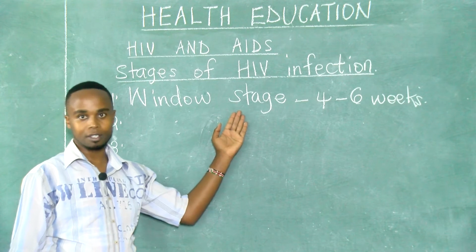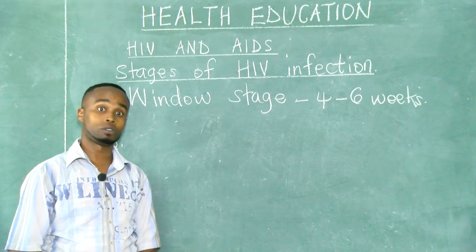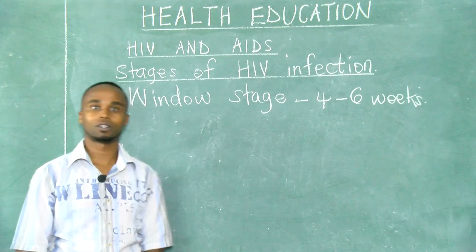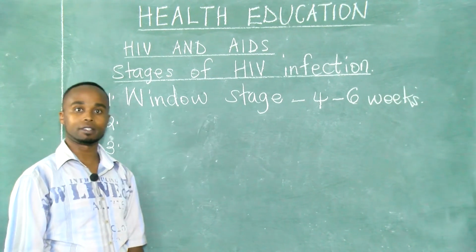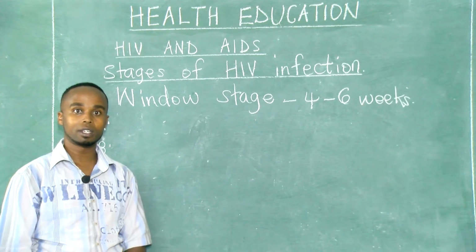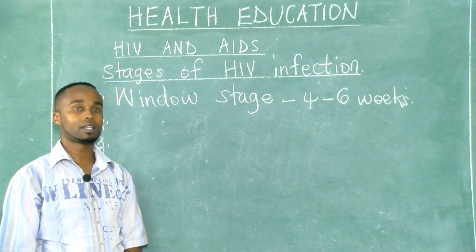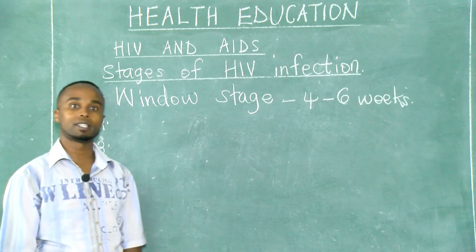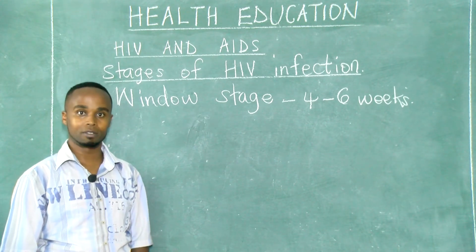When in this stage, the infected person looks healthy. There is no sign or symptom of the HIV virus in the body. Also, at this stage, when a person goes for a test, the results will always be negative.